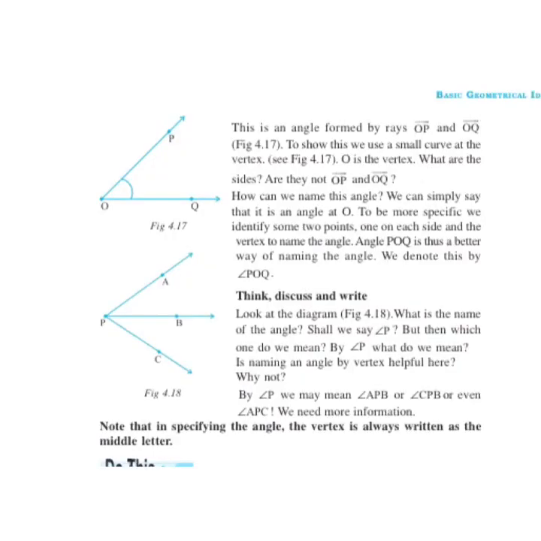Now children, take out page number 79 and see figure 4.17. Here you can see that there are two rays, ray OP and ray OQ, and these two rays OP and OQ meet at a common point, that is O. So children, ray OP and ray OQ are the arms of the angle, or you can say sides of the angle.